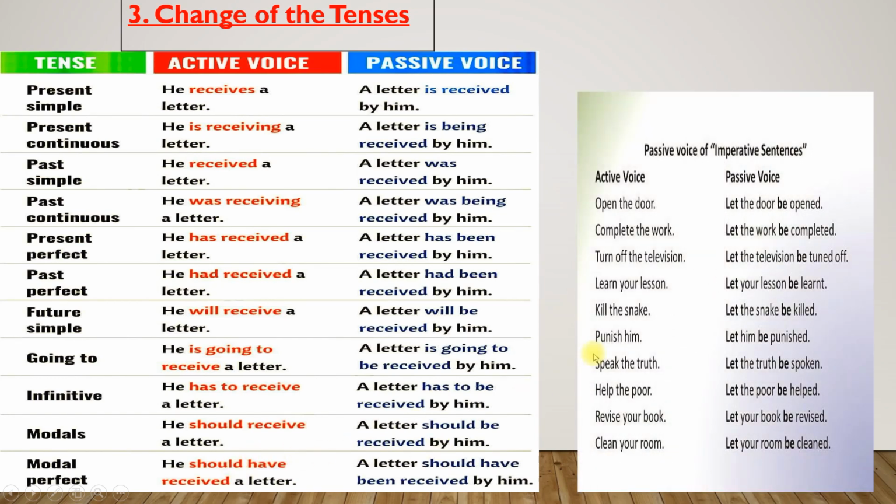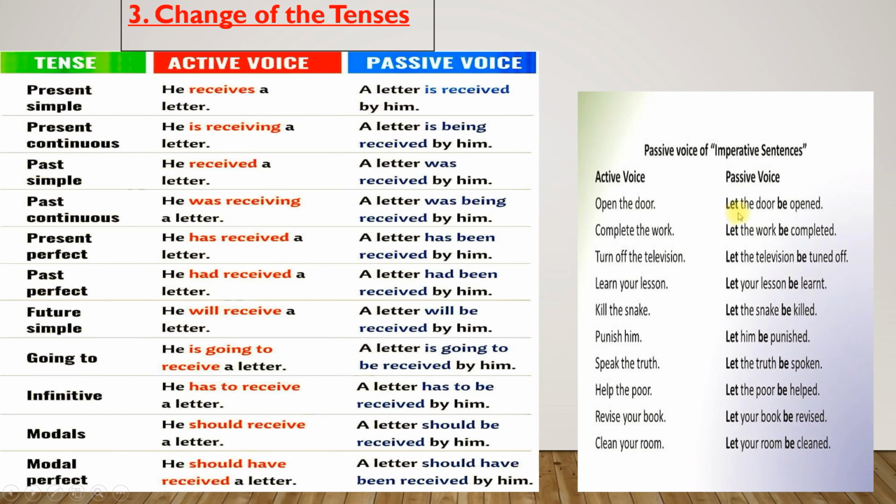For our better understanding, I am presenting here some passive voices with imperative sentences. For example, in some competitive exams, these types of questions will be asked. Open the door. How to change an imperative sentence into passive here? Friends, we do not find any subject in the first sentence. Open the door.